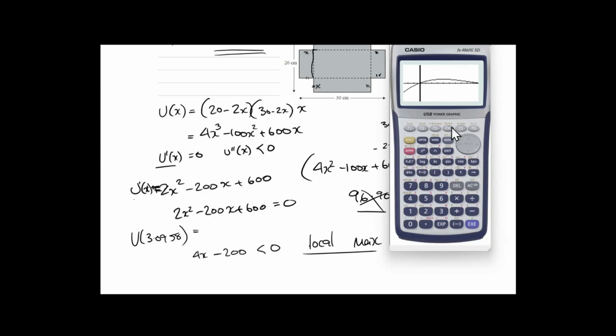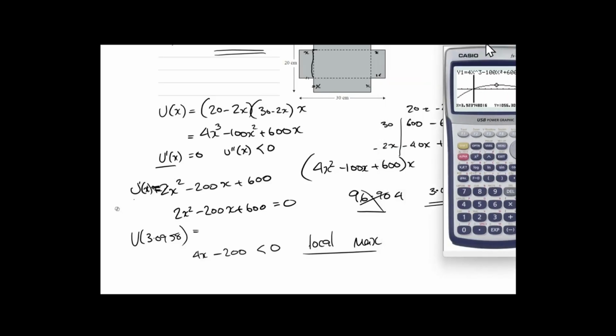So here's our maximum point, and if we go along, we're going to get this 96 business. So let's find what the maximum point is. G-solve, the maximum, and yep, 0.9. Something was missed. That's interesting. Two different answers. 4x cubed minus 100x squared plus 600x. Interesting.